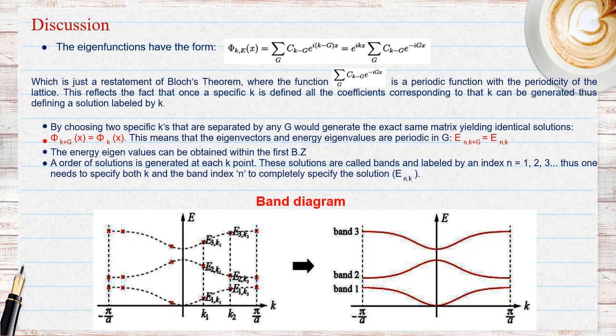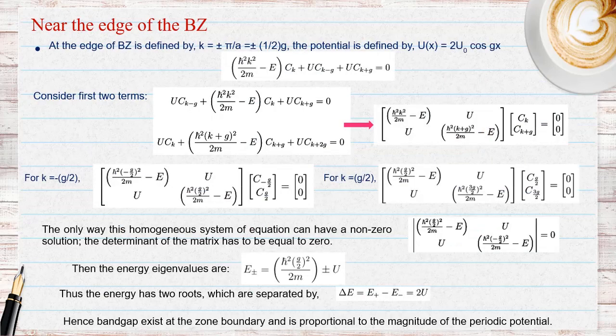We are again considering only specific points, that is at the zone boundary, the edge of the Brillouin zone, defined by wave vector k equal to plus or minus pi by a. We are considering the first Brillouin zone. That is also equal to plus or minus half g, because g is 2 pi by a. We defined the reciprocal lattice translation vector as 2 pi by a.